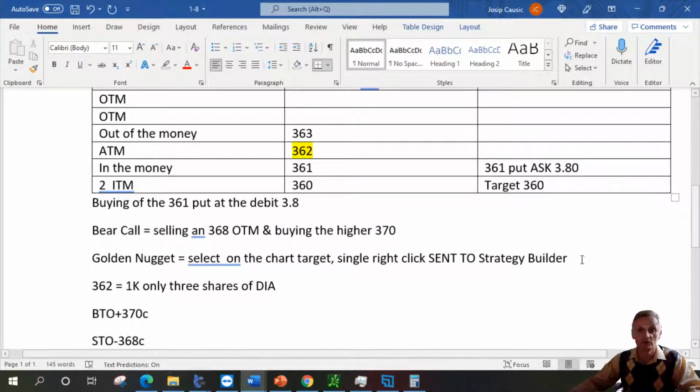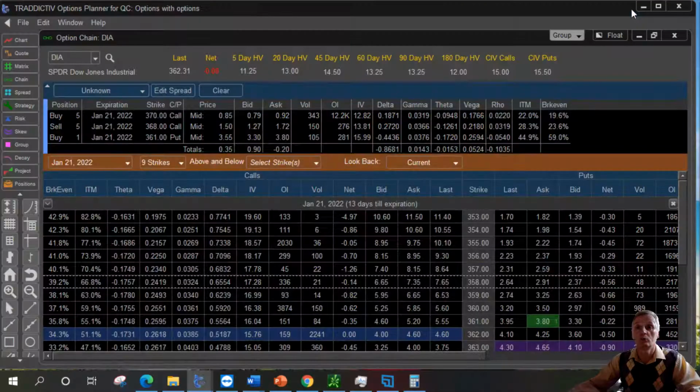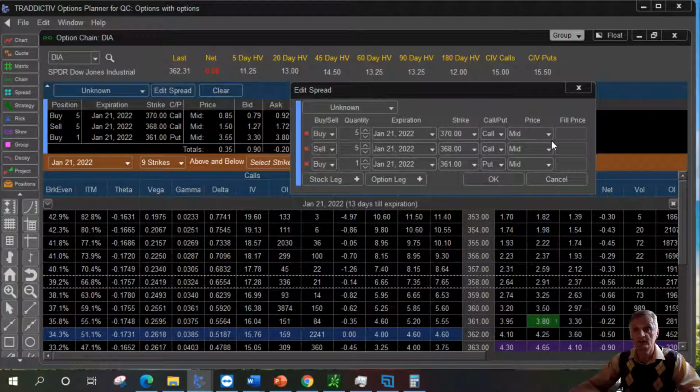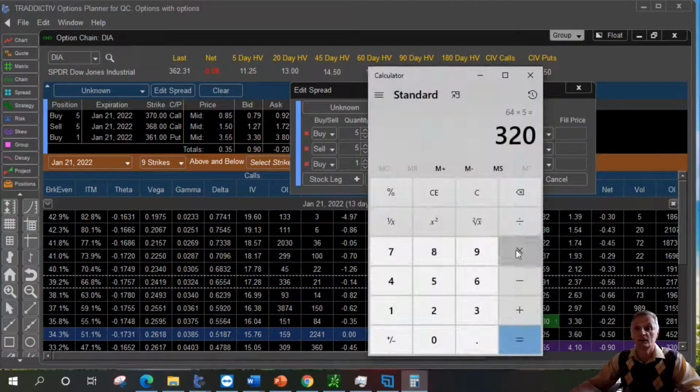One more time, to make this more visible, I'm going to pull up the option chain and show this green box is what matters. That 380 is being financed with 5 of these bear call spreads, and each of them is giving me 64 cents. So 64 cents times 5 gave me 320.